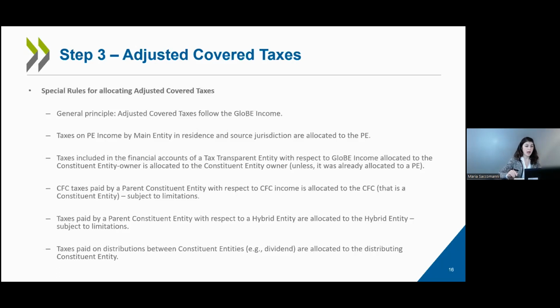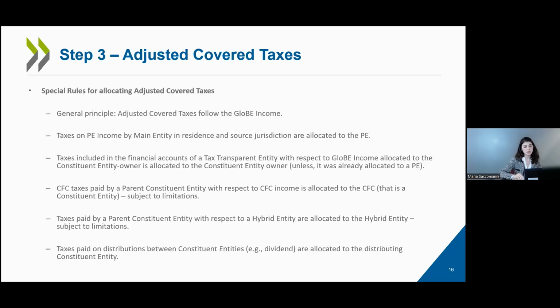As for the hybrid entity, let me first introduce the concept of a hybrid entity. The hybrid entity basically works like a permanent establishment. It is an entity that is opaque in the jurisdiction where it is localized, and it is seen as transparent by the parent. So the income is taxed both in its jurisdiction of localization and at the level of the parent.